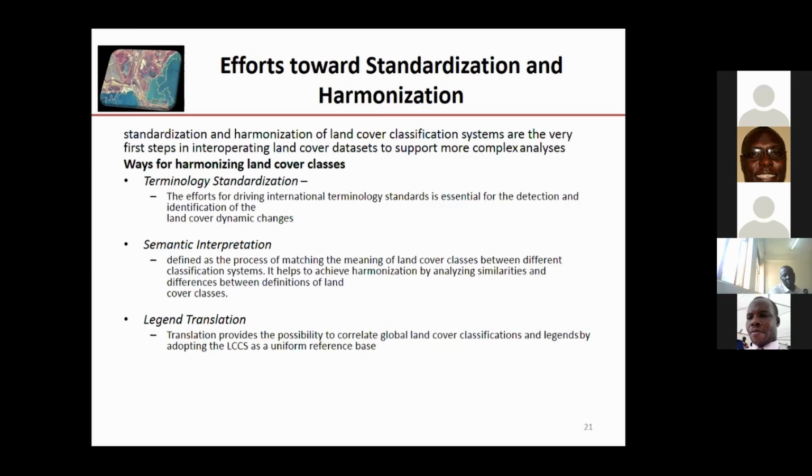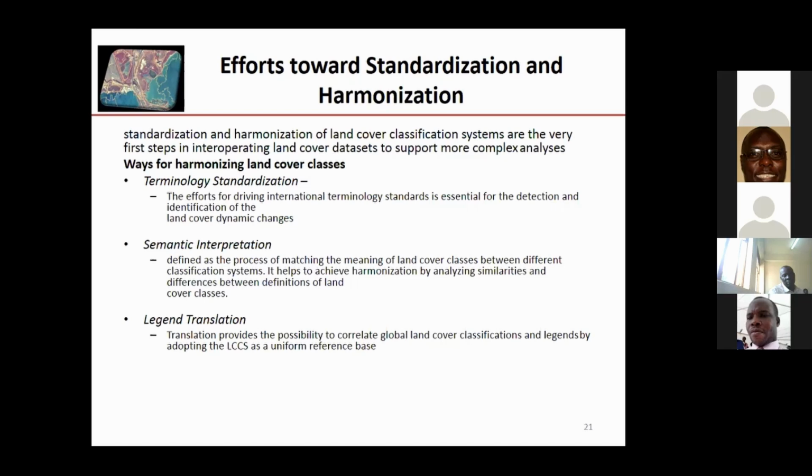Semantics is basically the meaning of terms. These different classes have different meanings according to a particular standard. These two standards are compared, and similarities and differences can be deduced from them.